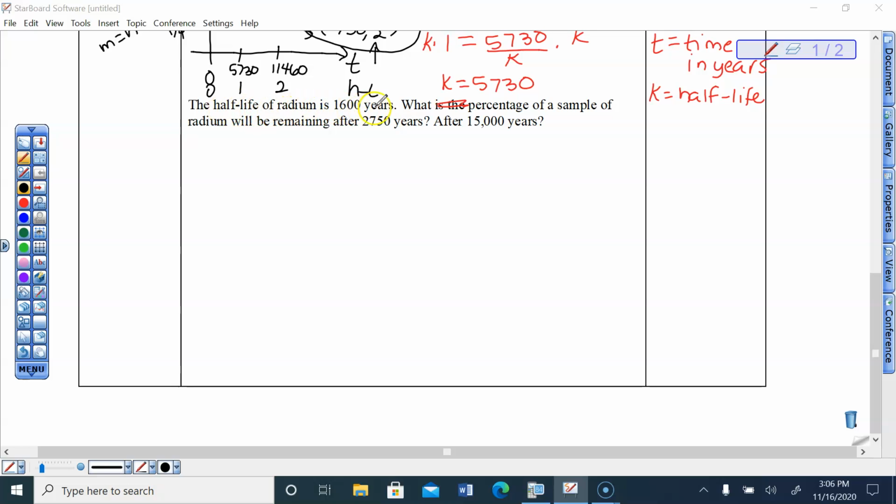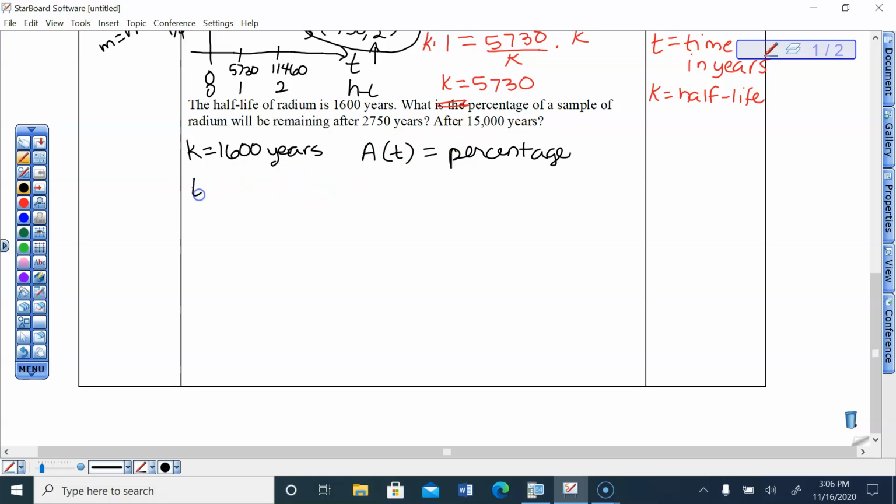We have the half-life of radium is 1600 years. So that's our K, 1600 years. And we are wanting the percentage of a sample remaining. So we're looking for A of t as a percentage remaining, after given times.